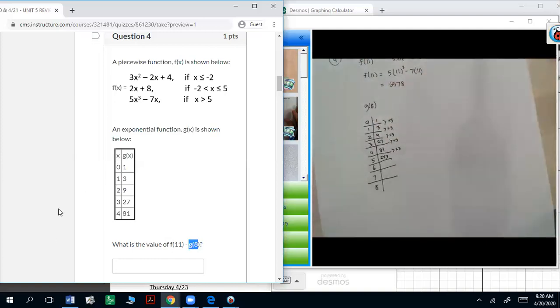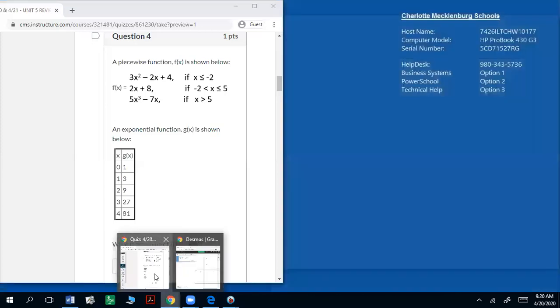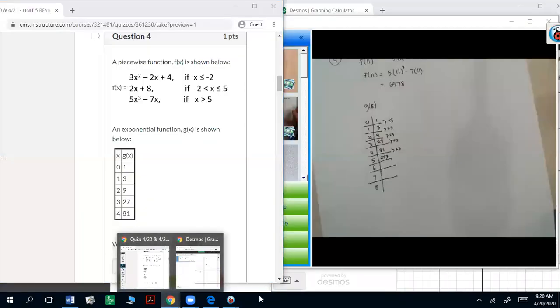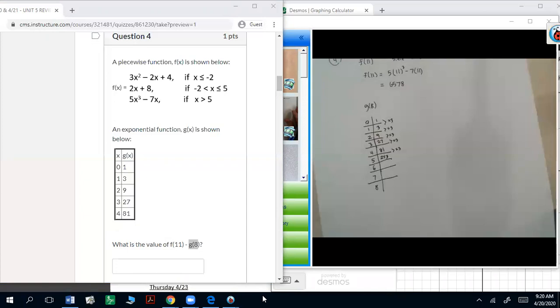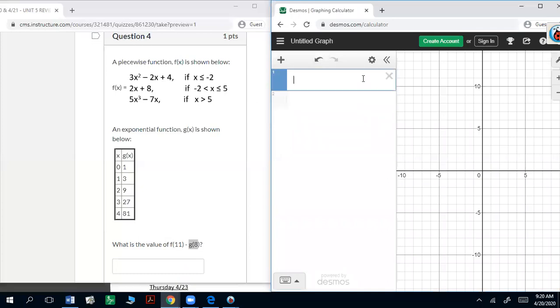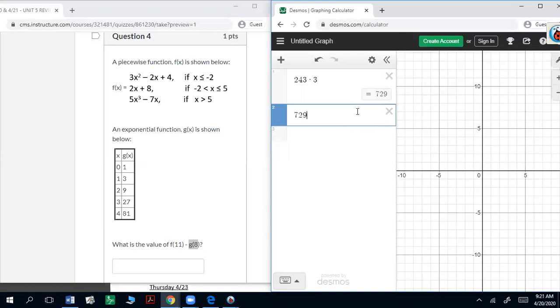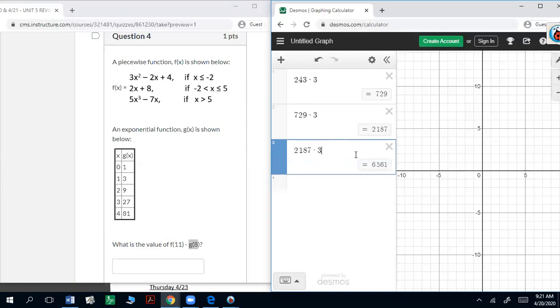So 243 times 3, let's see, 729. 729 times 3 is 2187. And 2187 times 3 is 6561.